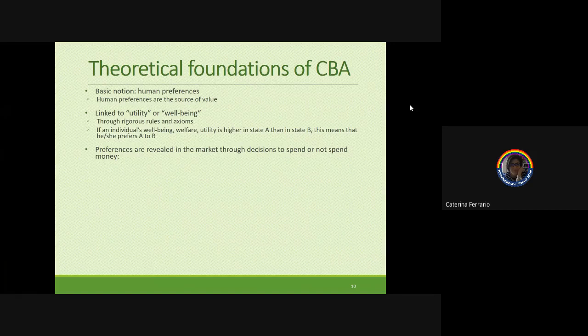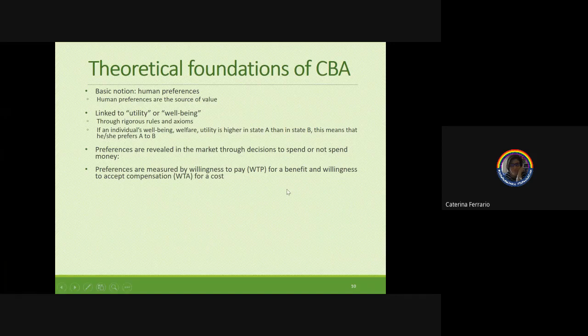So this is the clue to measure preferences and utility. The decision to spend money gives us a value for the utility, which otherwise we wouldn't be able to measure.